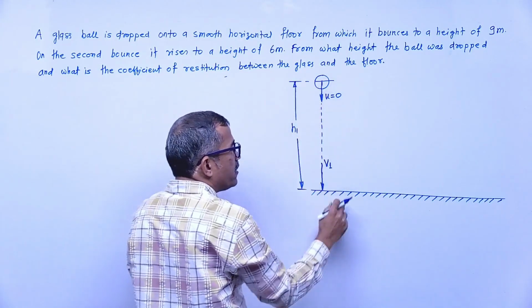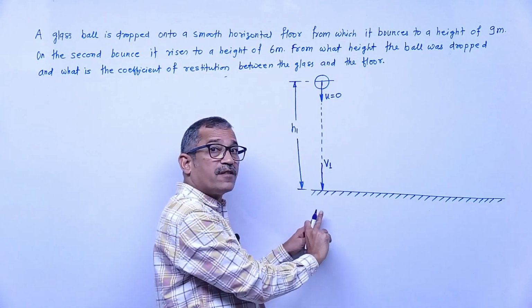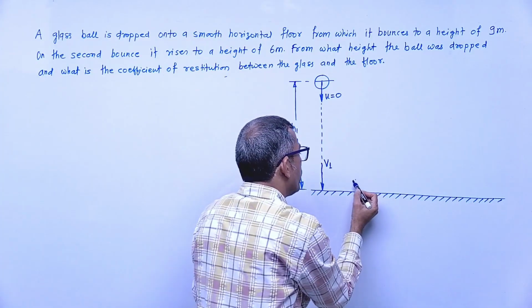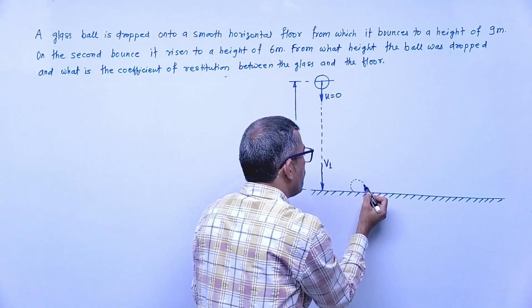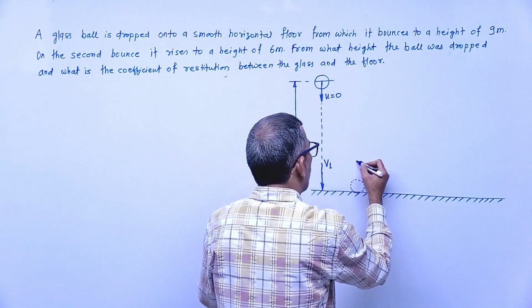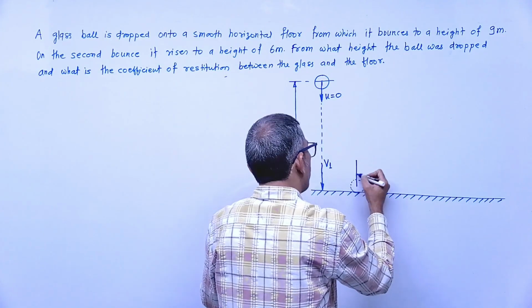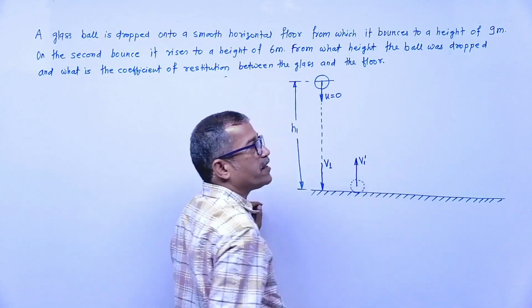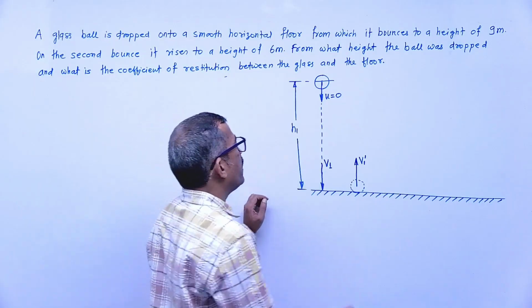Once it strikes, it rebounds on the same vertical line. To avoid confusion, I will represent it a little bit on the right side. After impact, the velocity of the ball I will write with a dash, say V1 dash.